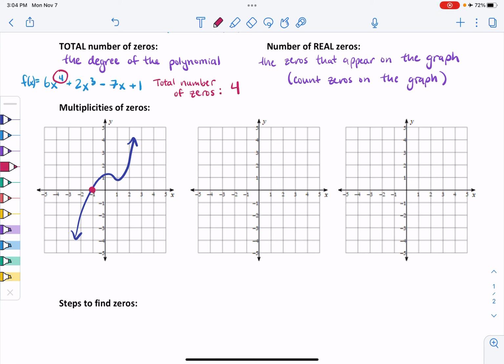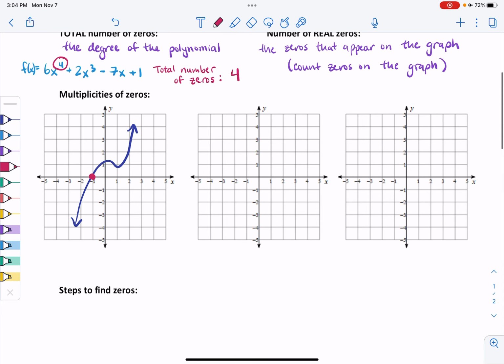This zero has a multiplicity of 1 because it purely just crosses the x-axis. So the factor of this zero might be x plus 1, and it's just raised to the first power, okay?